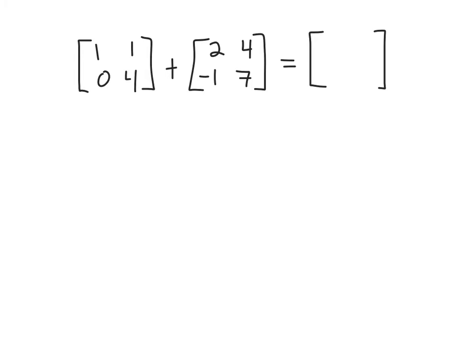So I'm going to add the first row, first column entry. It's 1 plus 1, so this number plus this number to give me 3. I'm going to add the first row, second column, then second row, first column, and second row, second column entries together. So that's how you add matrices.